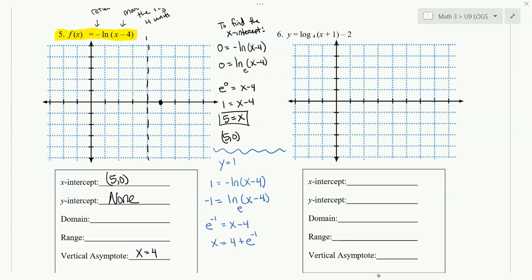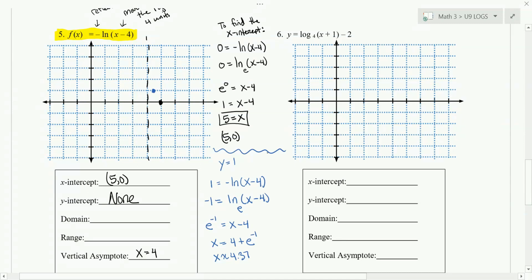So I type in 4 plus 1 divided by e, and I get roughly 4.37. So at 4.37, we're at a height of 1.